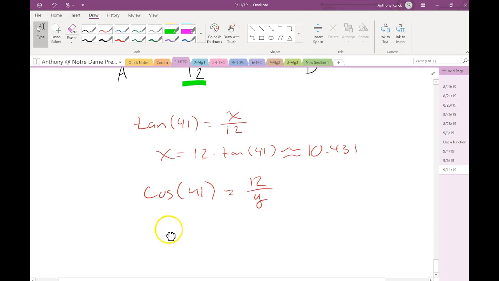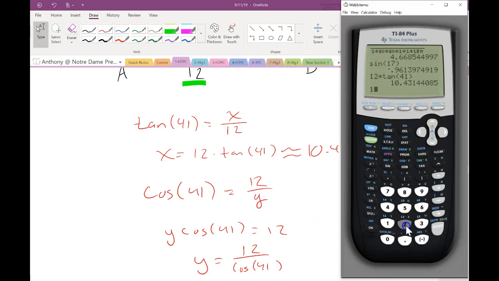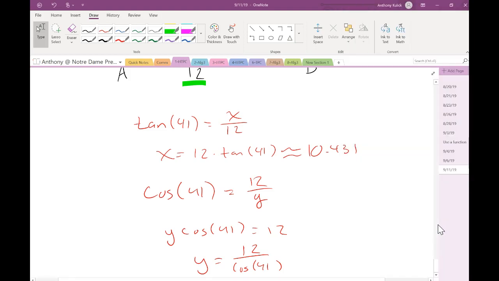So to solve this, I'll multiply both sides by y, and then divide by cosine of 41. And then I can type that into my calculator. When I do that, I get 15.99, approximately.